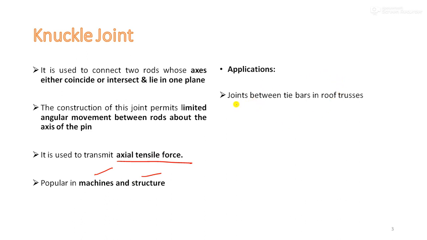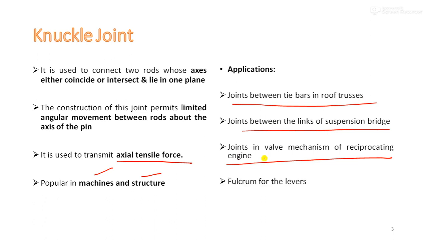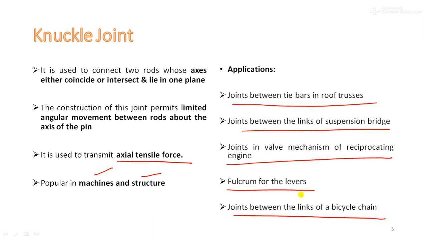The knuckle joint is used as a joint between tie bars and roof trusses, joint between the links of a suspension bridge, joints in the valve mechanism of a reciprocating engine, fulcrum for levers, joint between the links of a bicycle chain, etc. So these are some applications where the design criteria of the knuckle joint suit and it is used correspondingly.